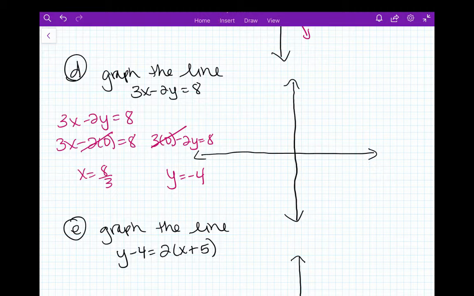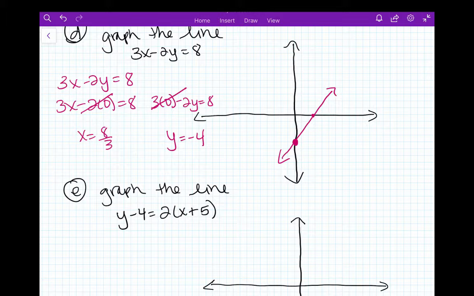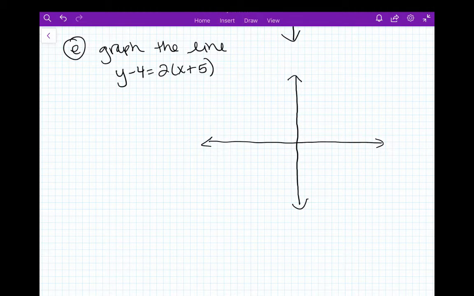So my y-intercept is negative 4. And my x-intercept is 8 over 3, which is a little bit less than 3, because 9 over 3 is 3. So I'm just going to put it right about here and draw my line through those 2 points. You could also rewrite this in slope-intercept form and graph it that way, but finding the intercepts is a lot faster.